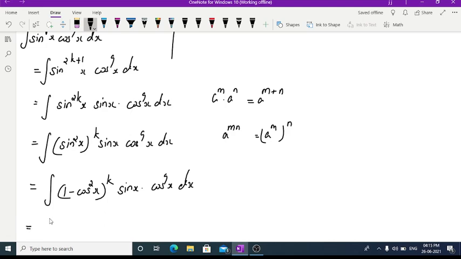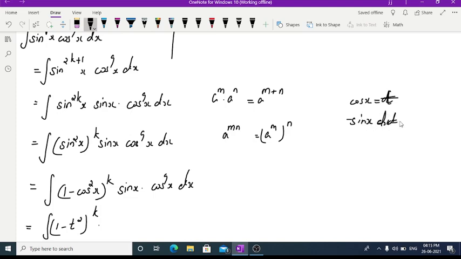That is equal to integral 1 minus, we substitute cos x is equal to t, so 1 minus t square all raised to k into, if we take cos x is equal to t, then minus sin x dx is equal to dt.